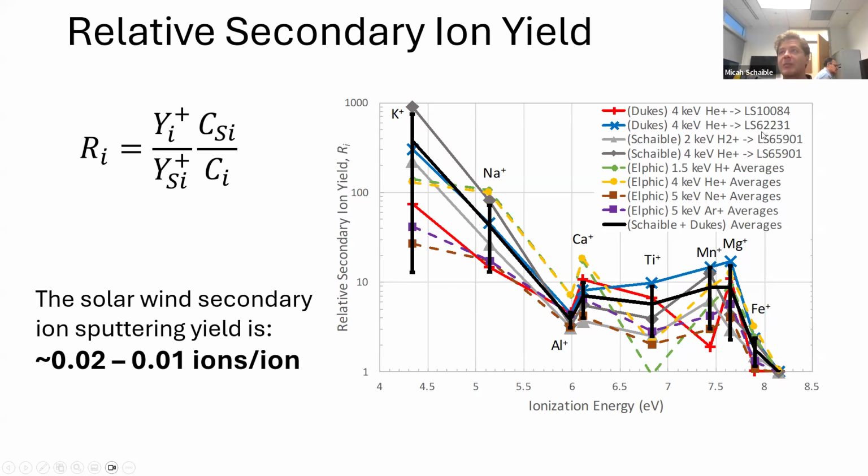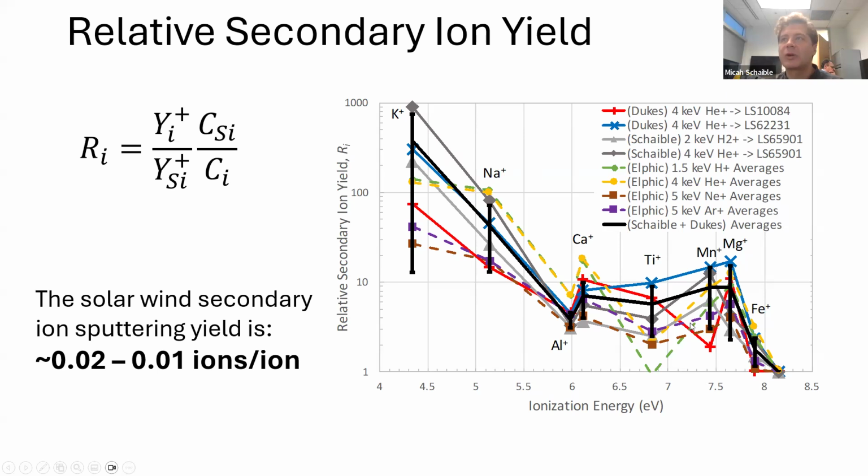We can see that when we compare the relative secondary ion yields for a number of different lunar soils and a few lunar regolith analogs, there's quite a bit of scatter. And that scatter is indicative of the uncertainty in, you know, what is the crystallographic position of these cations, and then how do the relative yields change as a function of the different incident ions.